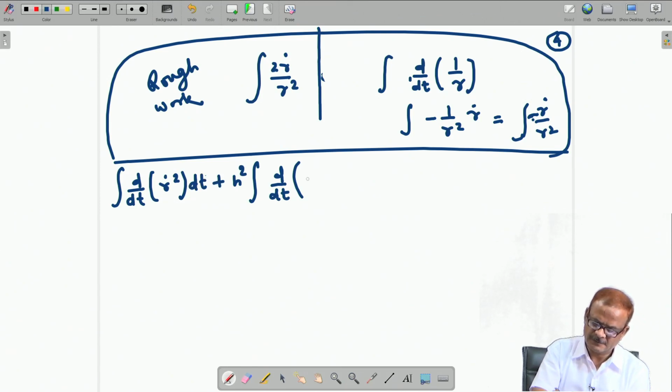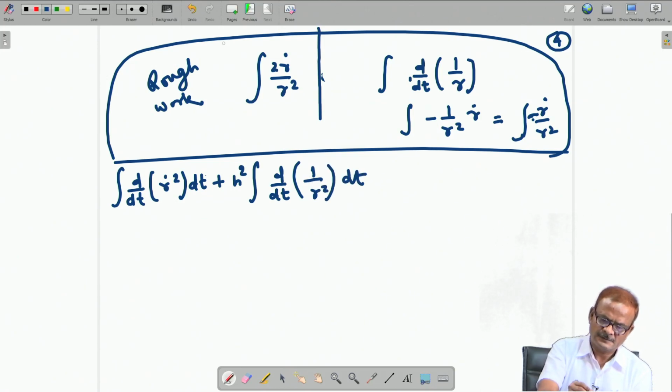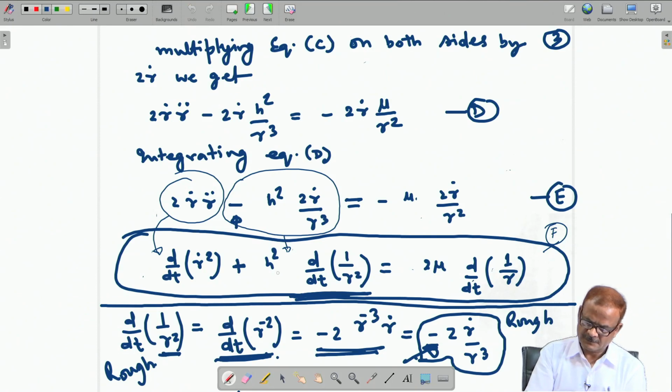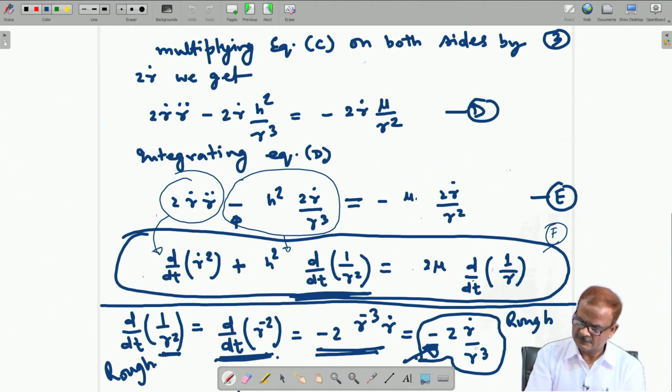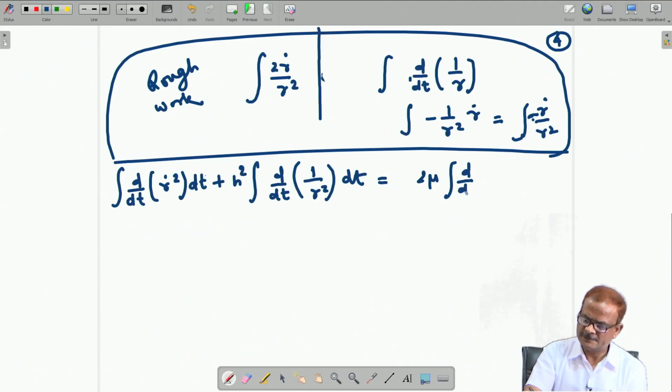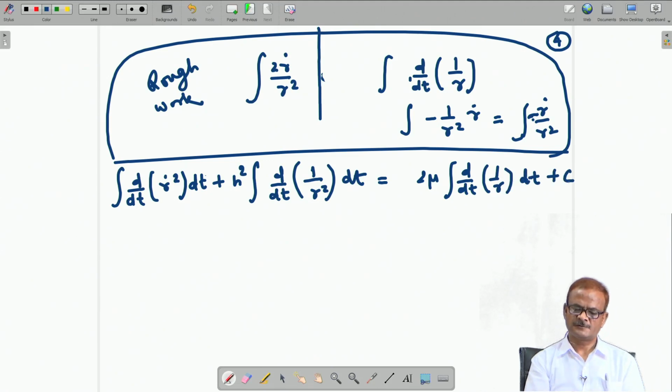This quantity h square by r square dt, we are integrating, and then this is 2 mu integration sign d by dt 1 by r d by dt 1 by r dt, and then the constant sign will be introduced. So, this is the way of doing it. Okay.